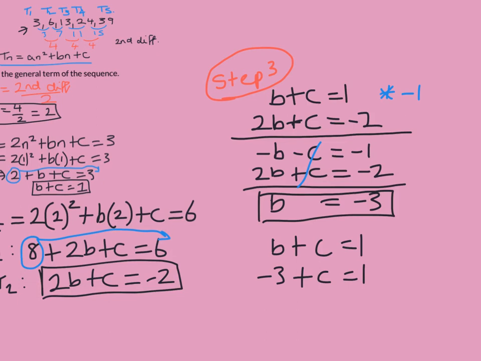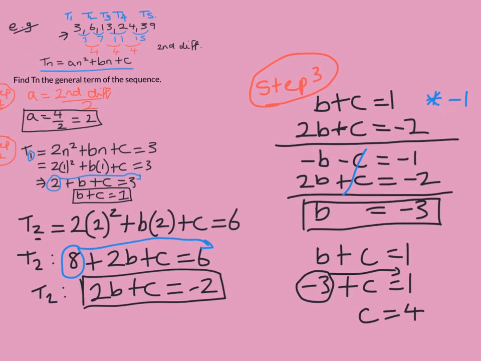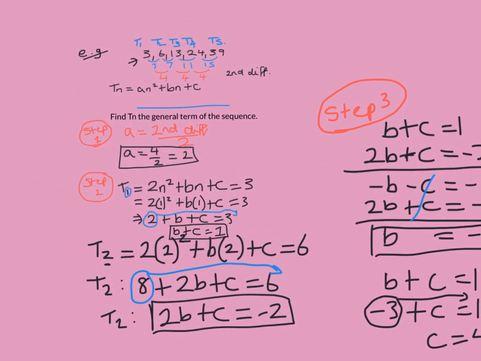Then I bring that minus 3 across. It becomes plus 3. So c is equal to 4. The final step is to put that straight back into our Tn formula over here, and then we have a term that represents that sequence.